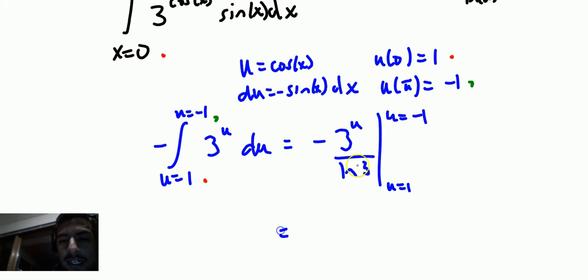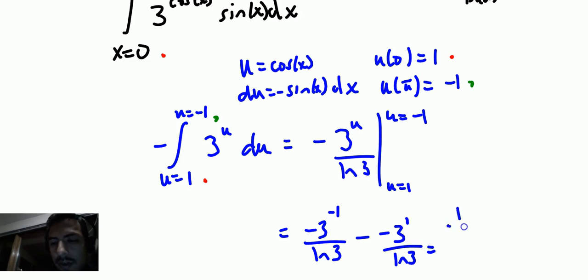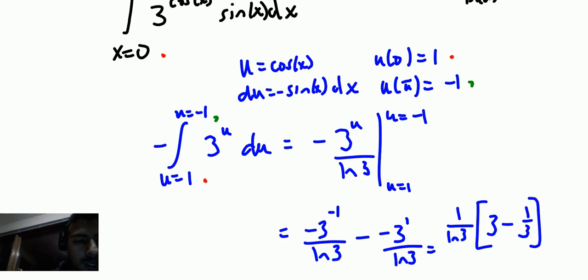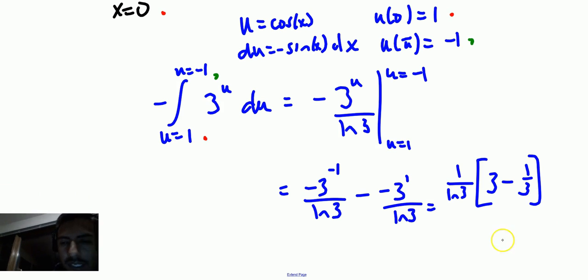So we'll finally get, plugging in top minus bottom, negative 3 to the negative 1 over ln of 3, minus a negative 3 to the first over ln of 3. And there's not much you can do here. We'll have 1 over ln of 3 times, that's a 3, that's a minus 1/3, so 8/3.